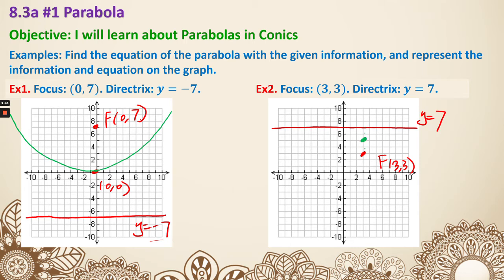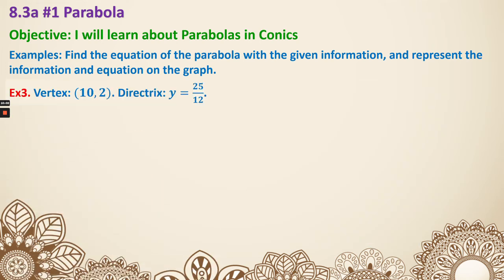So this is my vertex, which is (3, 5). Since our curve needs to include the focus, getting away from the directrix, it is going to be facing down, just a general shape. There we go. That is example 2.